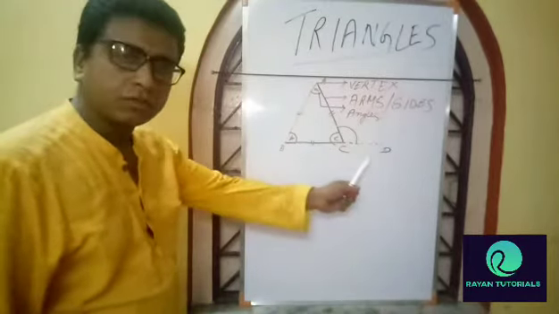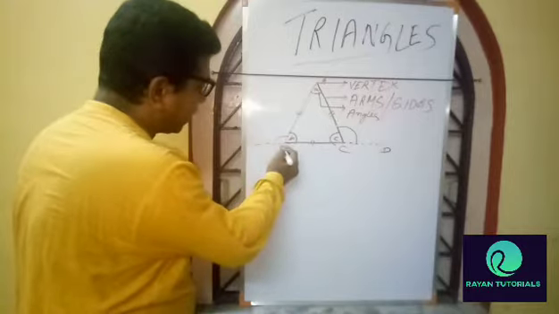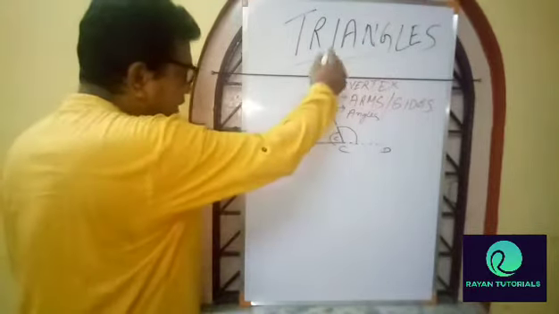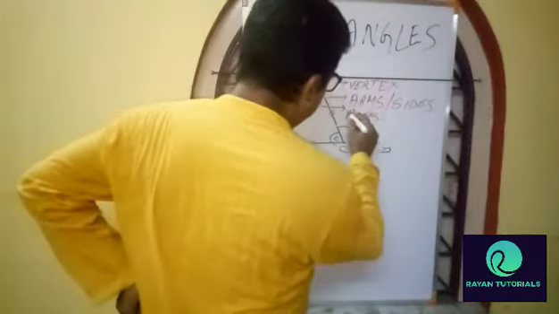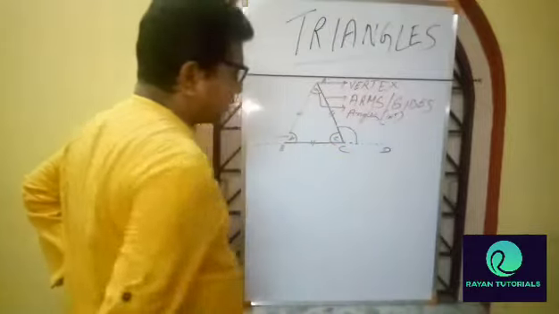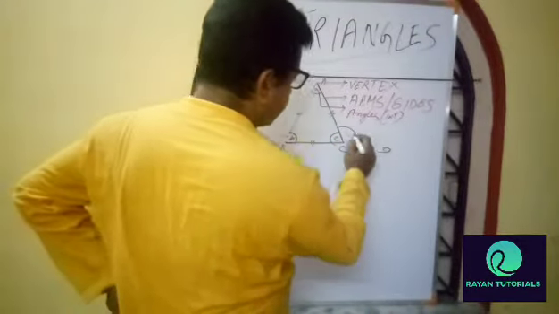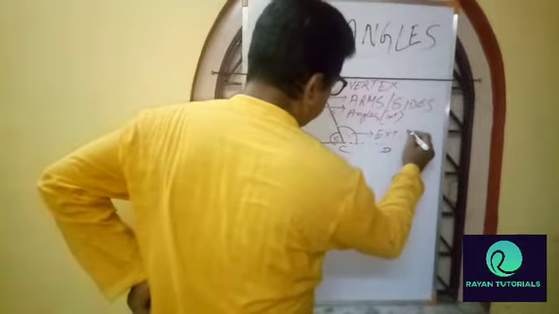Can I get it or not? Same thing, if I extend it this side, I will get an angle out here. If I extend it that side, I will get an angle out here. So these angles are called interior angles, and these angles are called exterior angles.